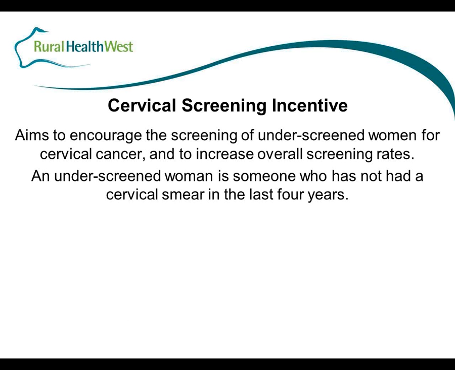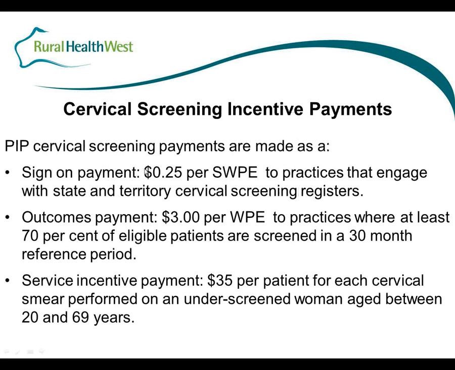The cervical screening incentive aims to encourage the screening of underscreened women for cervical cancer and to increase overall screening rates. An underscreened woman is someone who has not had a cervical smear in the last 4 years. PIP cervical screening payments are made as a sign-on payment, which is 25 cents per SWPE, to practices that engage with state and territory cervical screening registers.